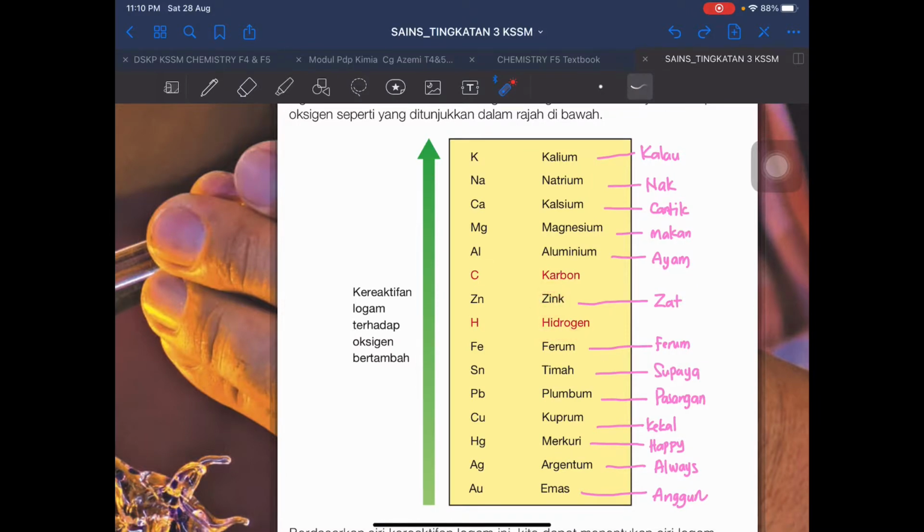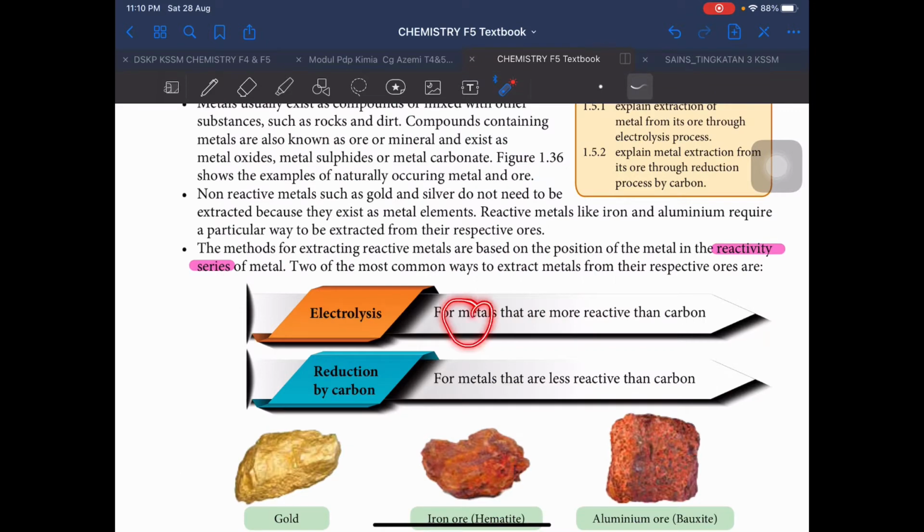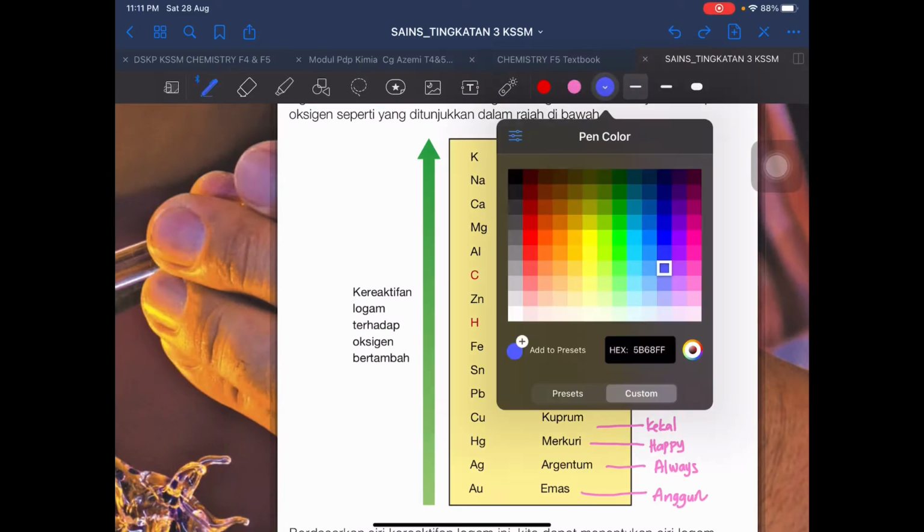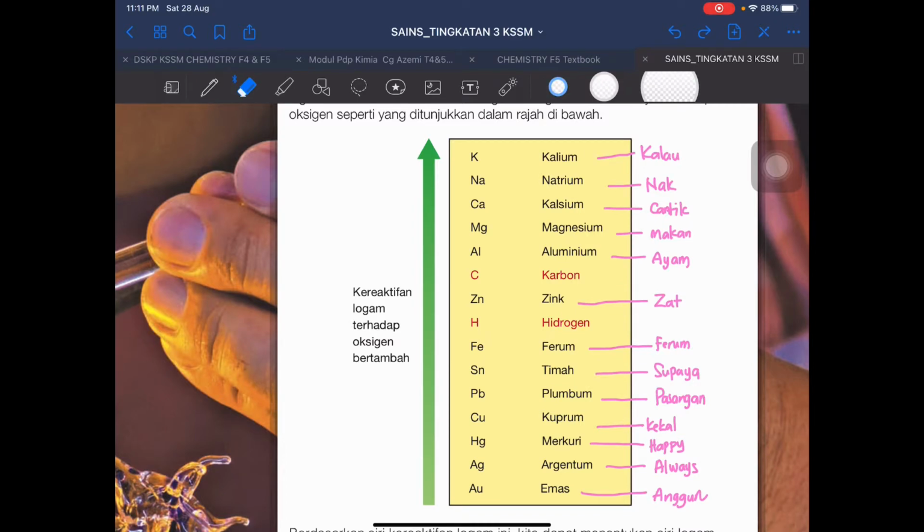So, look at the textbook here. For metals that are more reactive than carbon, we use electrolysis to extract them. What are the metals that are more reactive than carbon according to the series? Aluminium. Okay, look at this. Aluminium is more reactive sebab dia di atas carbon. Magnesium, calcium, natrium and kalium. Kalium is potassium in English, okay? So, look at this class.